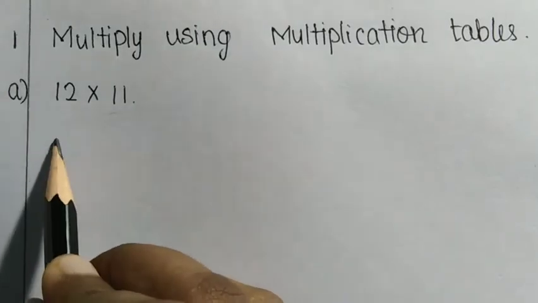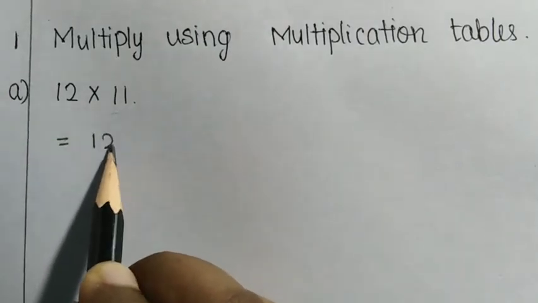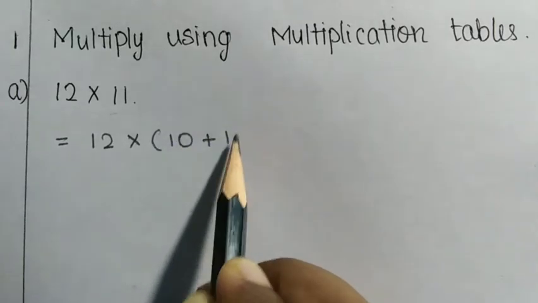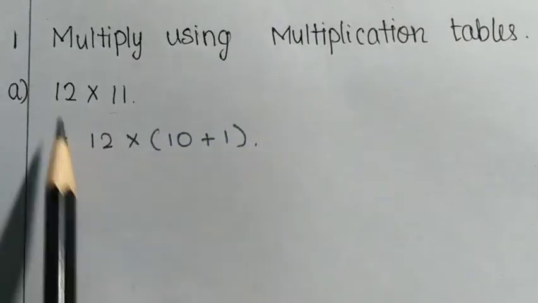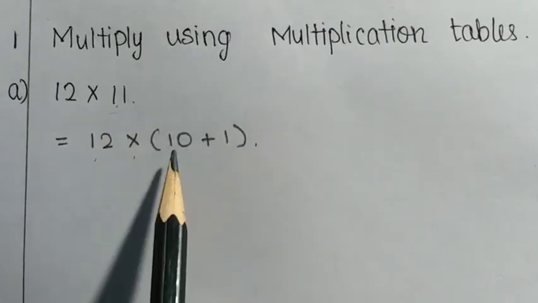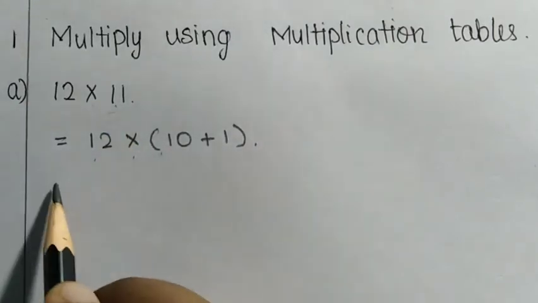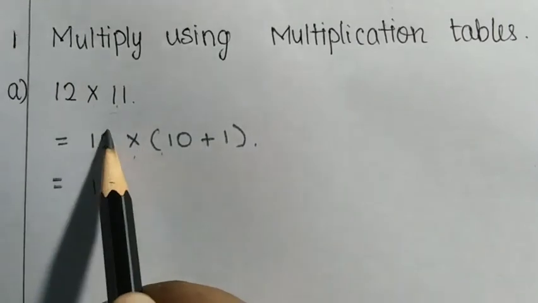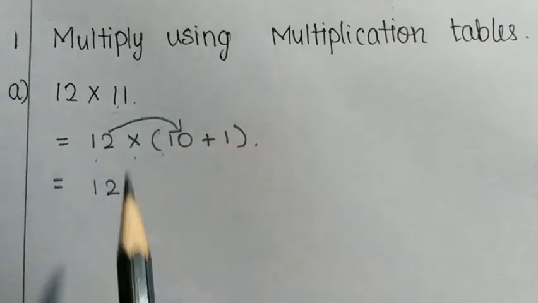So, it can be written like 12 into 10 plus 1. See here, 12 is written, multiplication symbol, 11 is written as 10 plus 1. So, 12 will be multiplied with 10 ones.